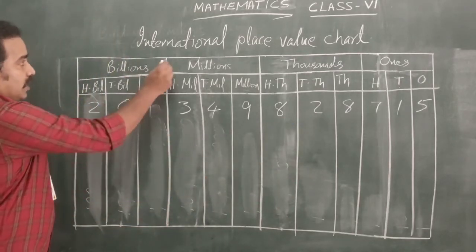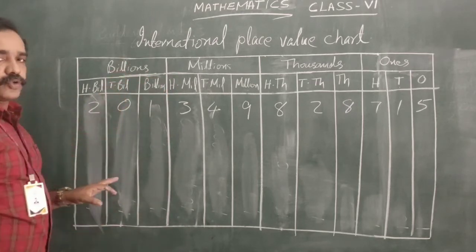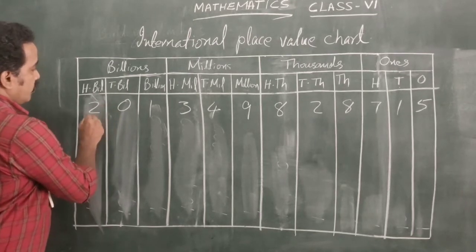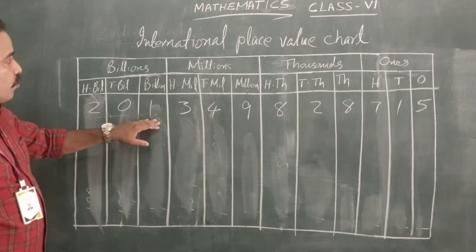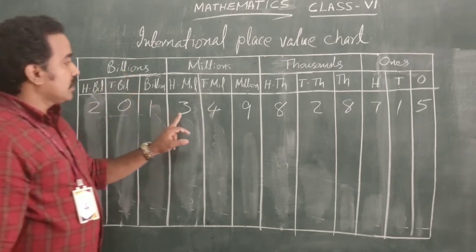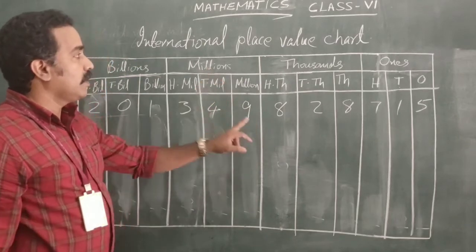Look at the first group from the left. Here it is the billions group. So in the billions group, 3 digits, 201. This is 201 billion. Then millions group, 349 million.